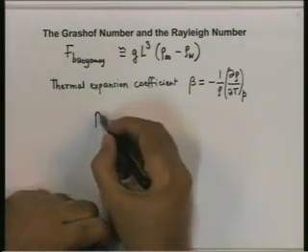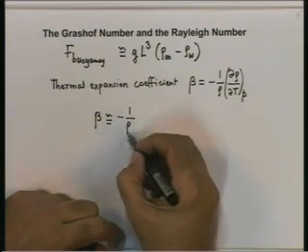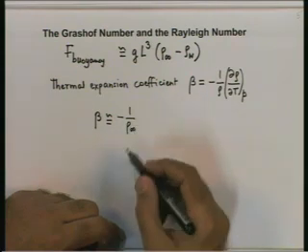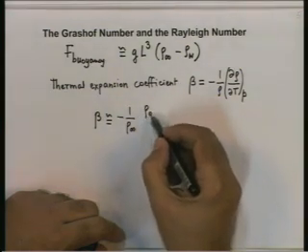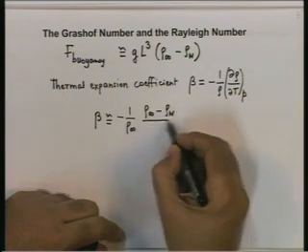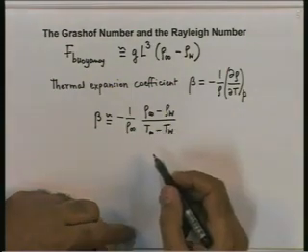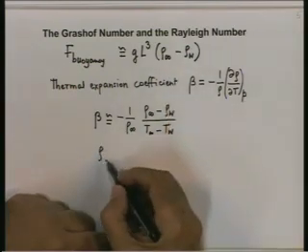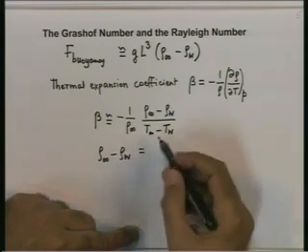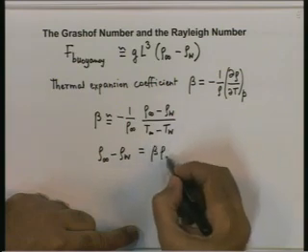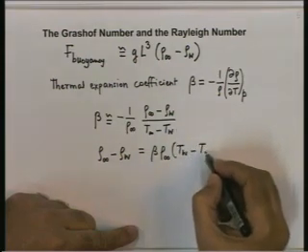Now, this can be approximated as minus 1 over, say, the bulk density rho infinity multiplied by the ratio of rho infinity minus rho w to T infinity minus T w, and which gives us rho infinity minus rho w to be equal to beta rho infinity into T w minus T infinity.